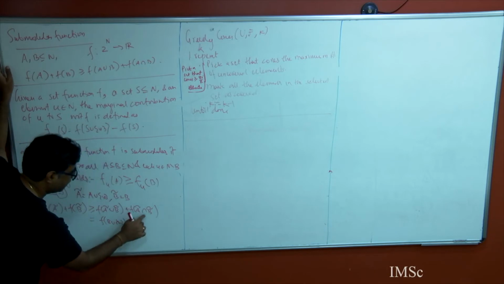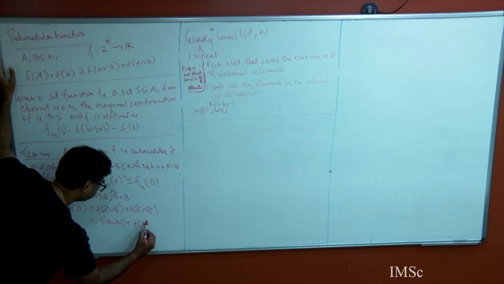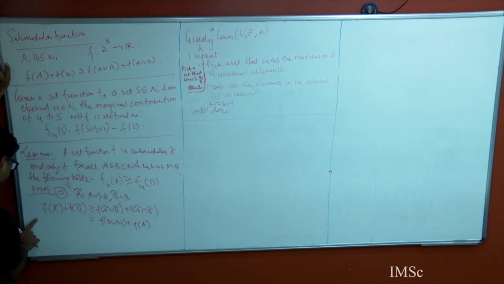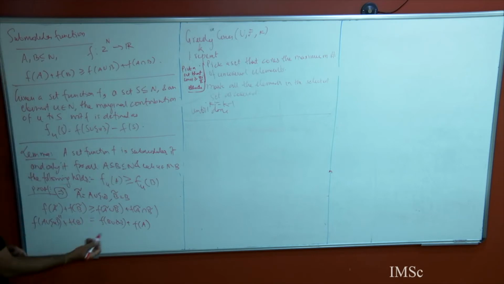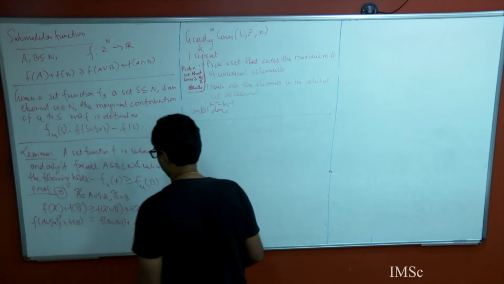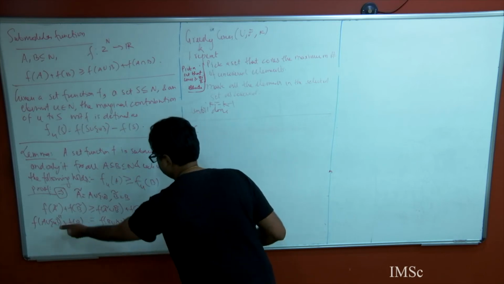And what is f of A tilde intersection B tilde? It is f of A. And what is this equal to? f of A union U plus f of B. Right? And now let's take the inequalities in the right way. So what do we have to show? So take A this side.